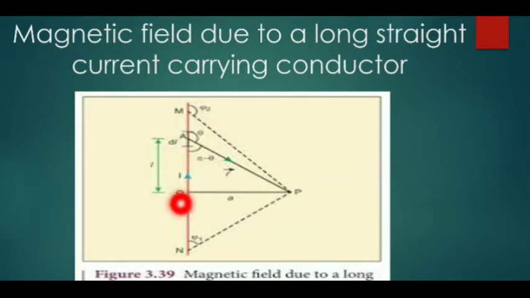The distance between the center point O and the center point of the element is L, and the distance from A to P is R. MN is the straight conductor, and the midpoint of the straight conductor I take as O. From this point I consider point P at distance A. When current flows through this conductor, what will be produced around the conductor? Magnetic field is produced. That's why it is the magnetic field due to a long straight current carrying conductor.